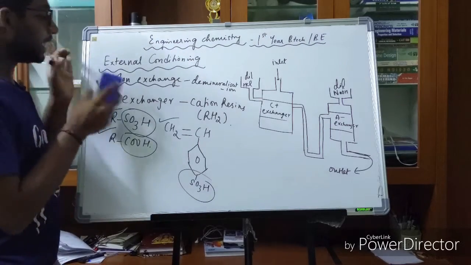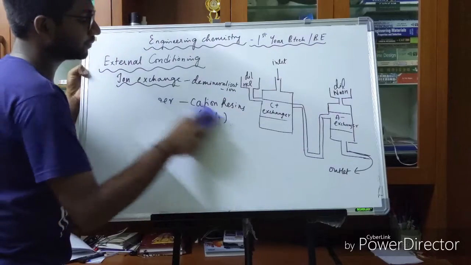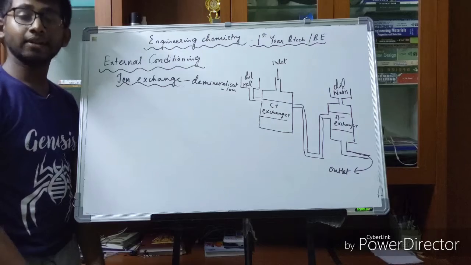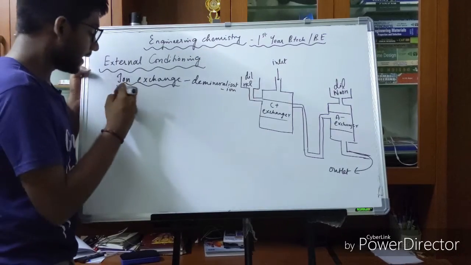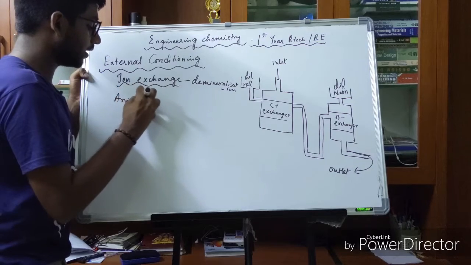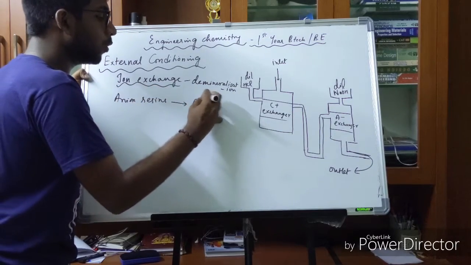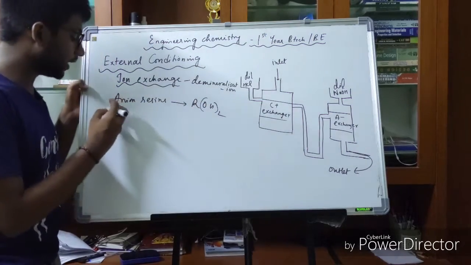Okay, next one is an anion exchanger. So now what are anion exchangers? Anion exchangers are the ones which have anion resins, and anion resins are represented as ROH twice. That's how you represent anion resins. So now what are the examples?